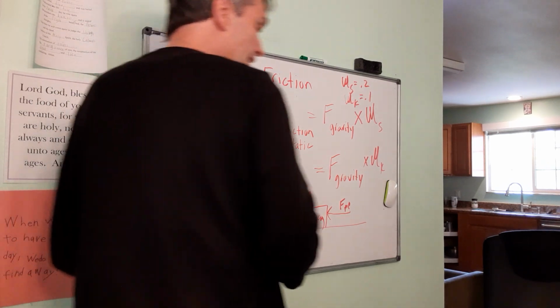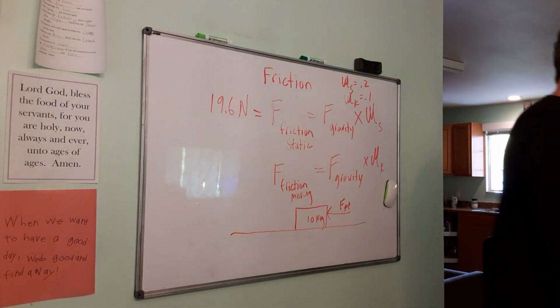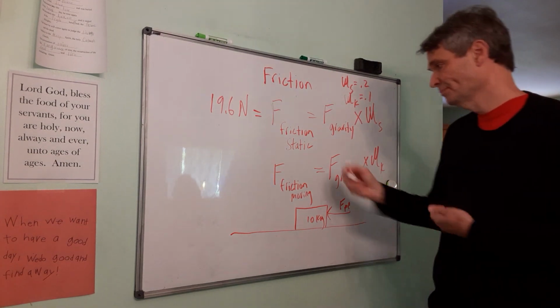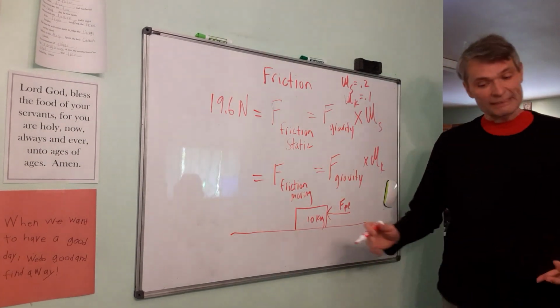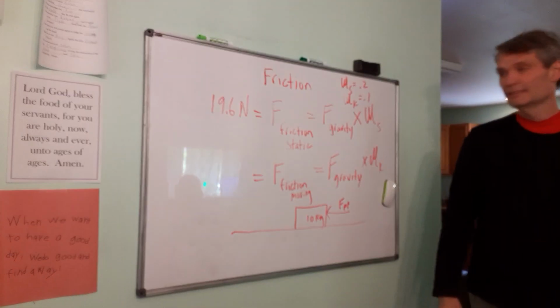That's a lot less than 98. That's why it's easier to slide things than it is to pick them up. And once I get it sliding, it's really easy to slide.